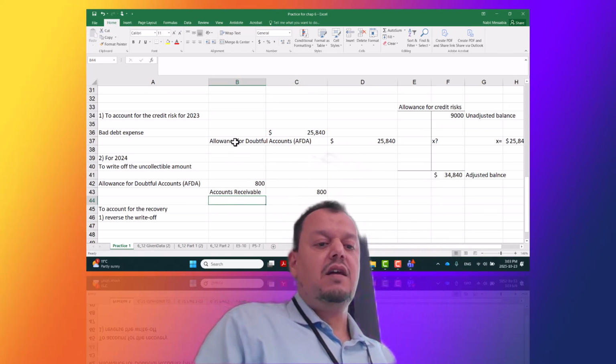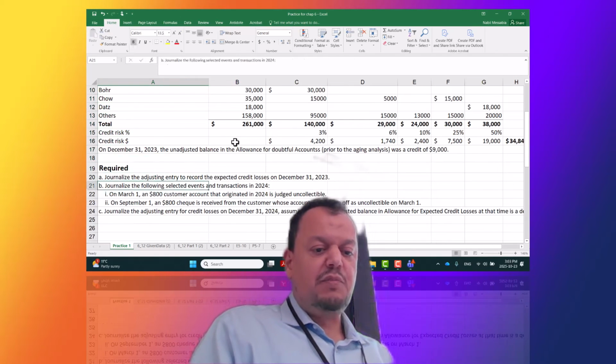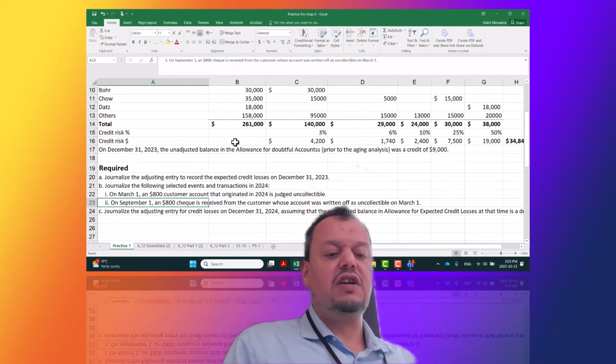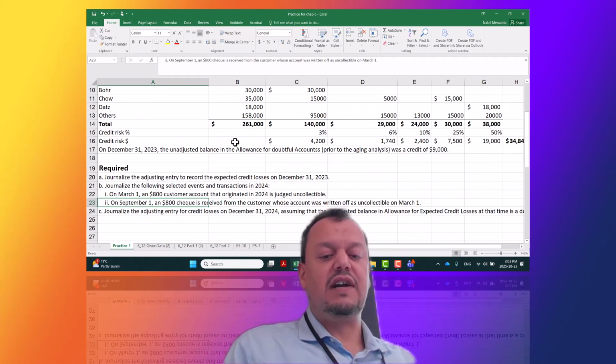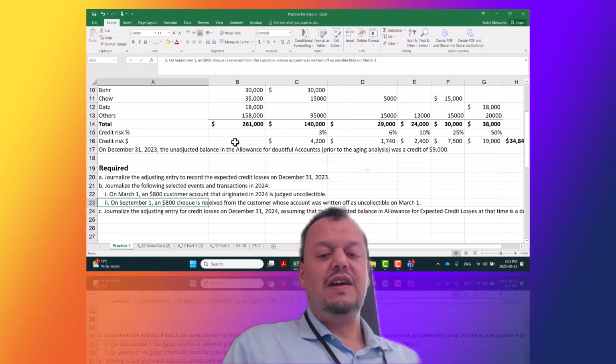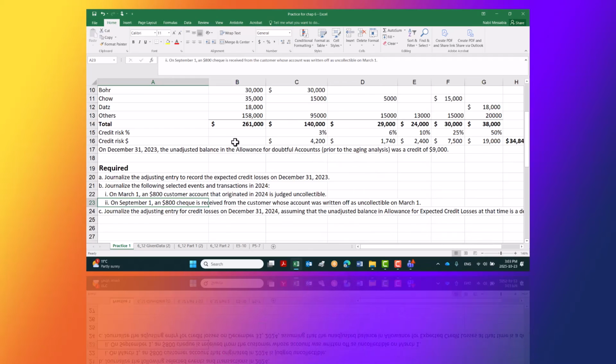And then the other event that happens on September 1st: another $800 check is received from the customer whose account was written off as uncollectible on March 1st. This may happen in real life. March 1st, we got the information the client was bankrupt, no hope, no way to expect any payment.